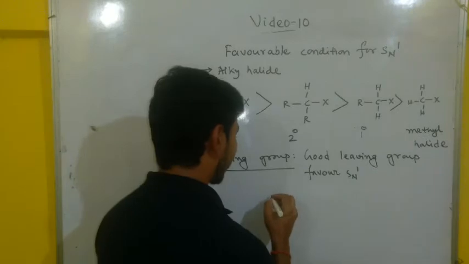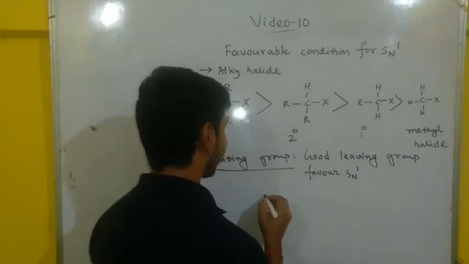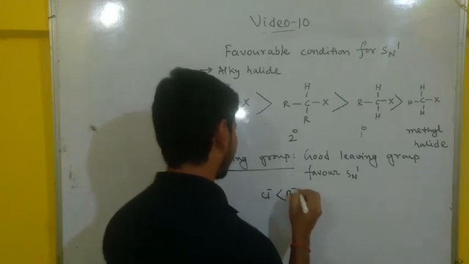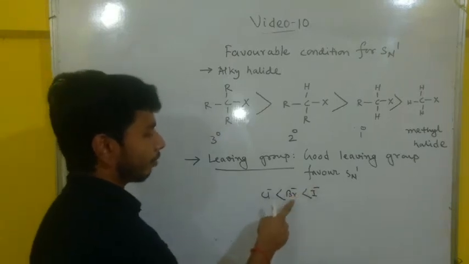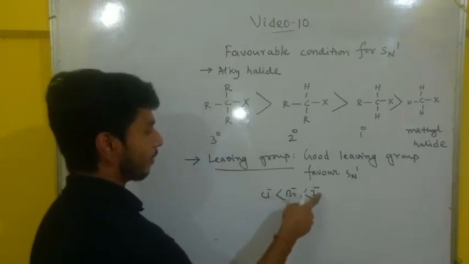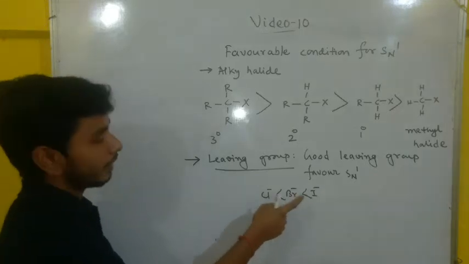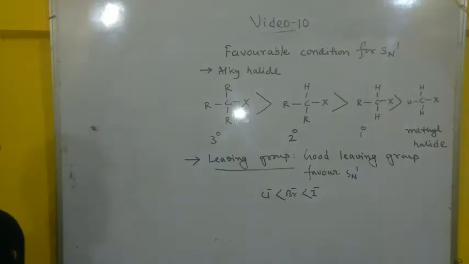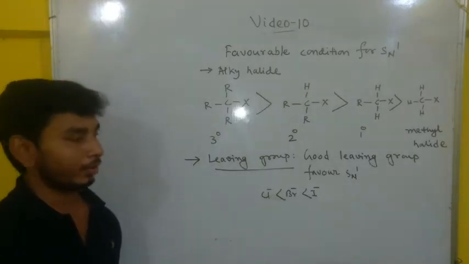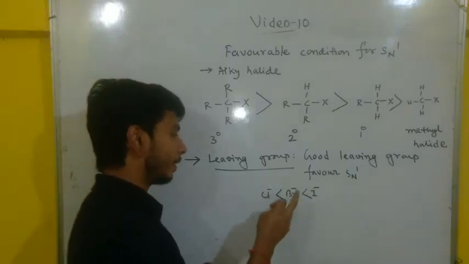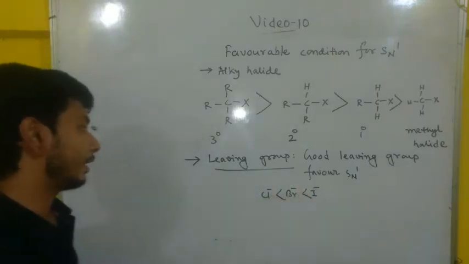Now the order of the good leaving group is: I minus is a better leaving group than Br minus, and Br minus is a better leaving group than Cl minus. If a group is removed easily, then it is called a good leaving group. So I minus is the best leaving group, better than Br minus, which is better than Cl minus.